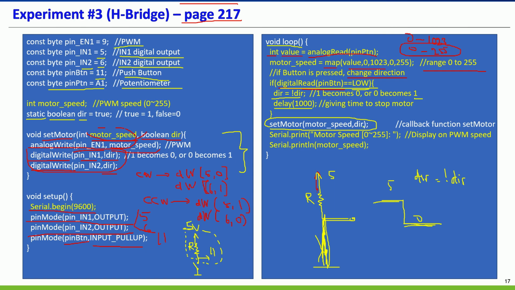Whatever direction is, 1 or 0, give it as input for the function setMotor, and then Serial.print. You just display the motor speed from 0 to 255, displaying the value of the motor_speed variable, and then finish.